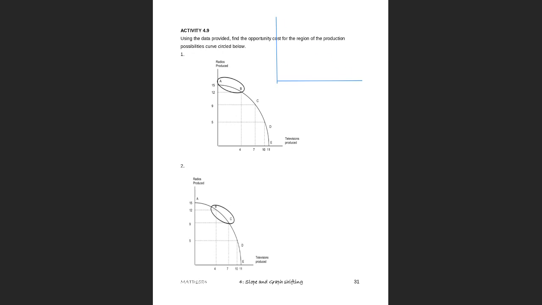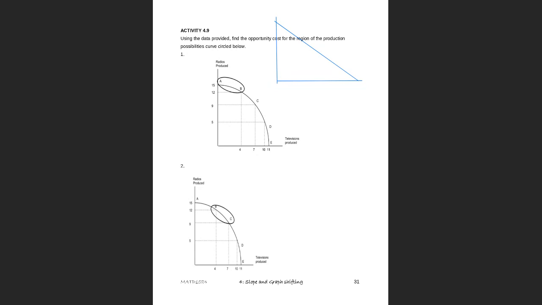You see that? We all know by now that on a straight line, the gradient is constant. So we used a straight line to help you understand what we call opportunity cost.